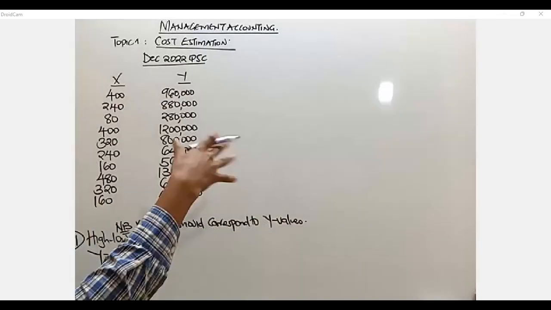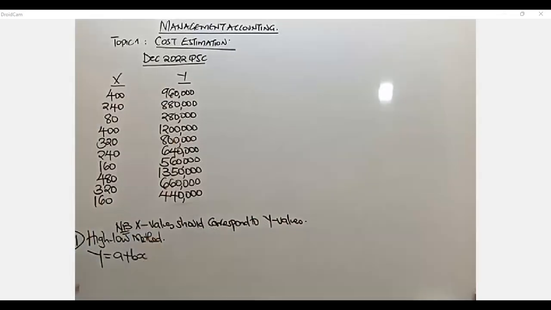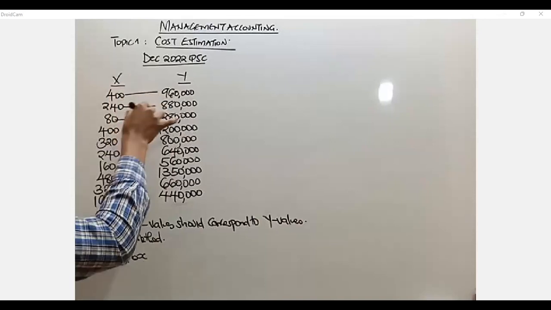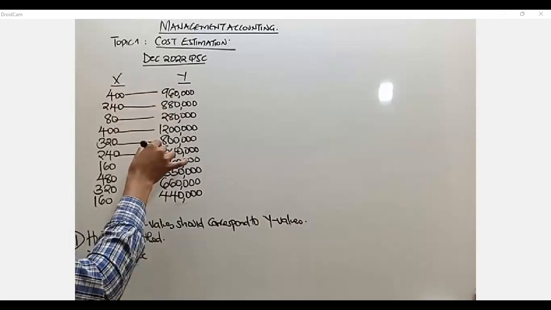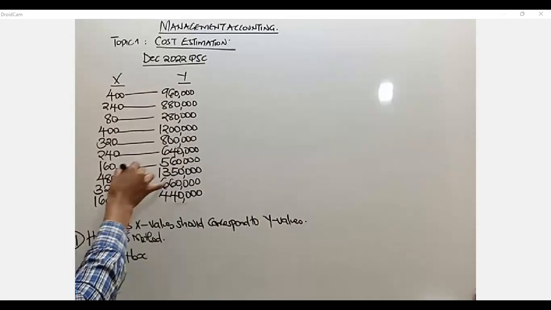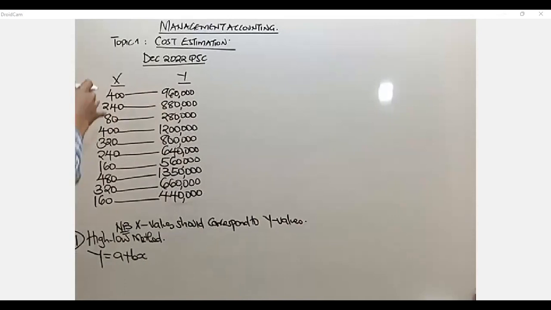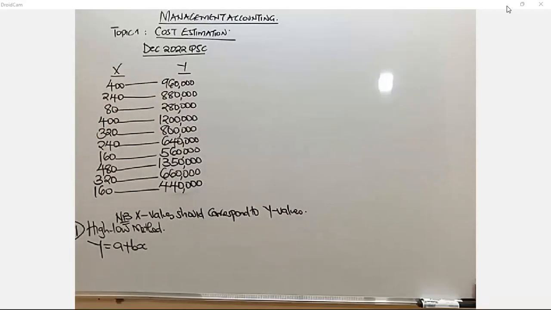Don't even mind about y, because the corresponding value is the one that is matching, like this. This is what we are talking about, corresponding to each other. So I just need to look at the highest value here, and I can identify it as around 480. This one is my highest.